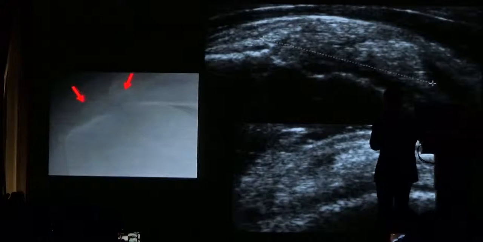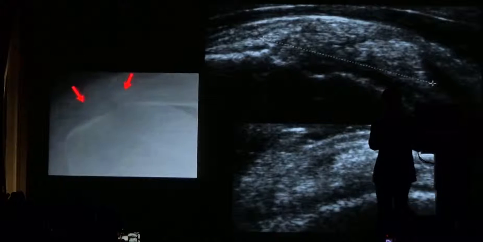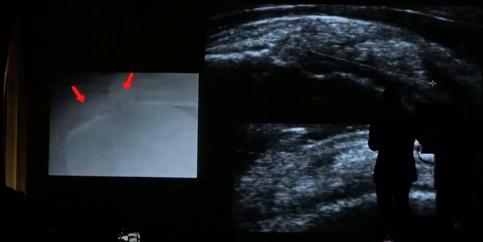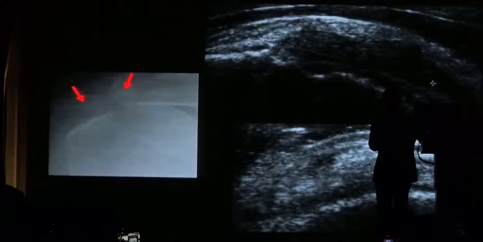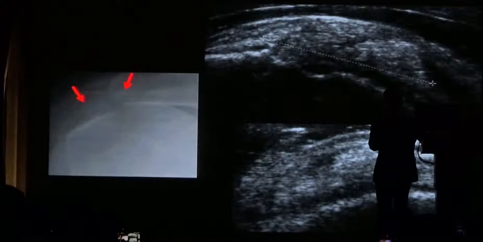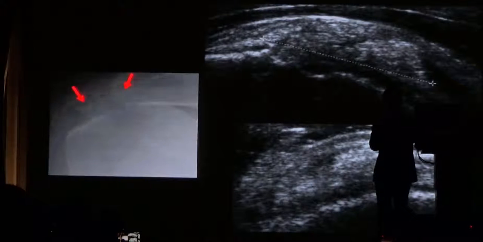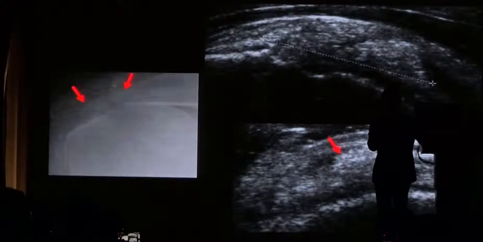You can see this rather faint-looking calcification, and that corresponds to this area of calcification within the supraspinatus tendon. And notice in this phase of calcification, often there isn't as much acoustic shadowing as in the chronic phase of calcification. This is in the other plane.